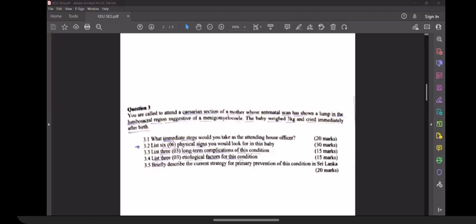So what immediate step would you take as the attending house officer? It says that the baby cried immediately after birth. So you don't have to really go into details of resuscitation here.